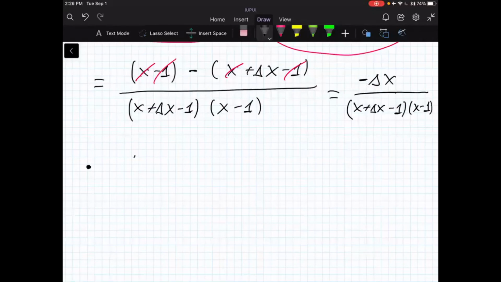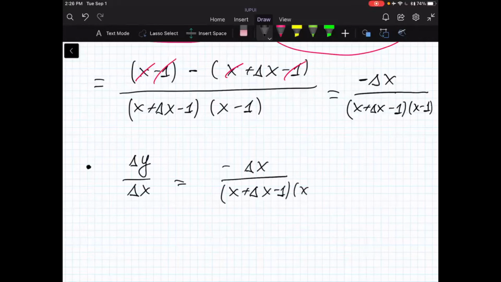The second step is just to divide by delta x, and in this case it is very easy. So we have this x plus delta x minus 1 times x minus 1, and I divide by delta x, so there is an extra delta x here. And again, there is cancellation.